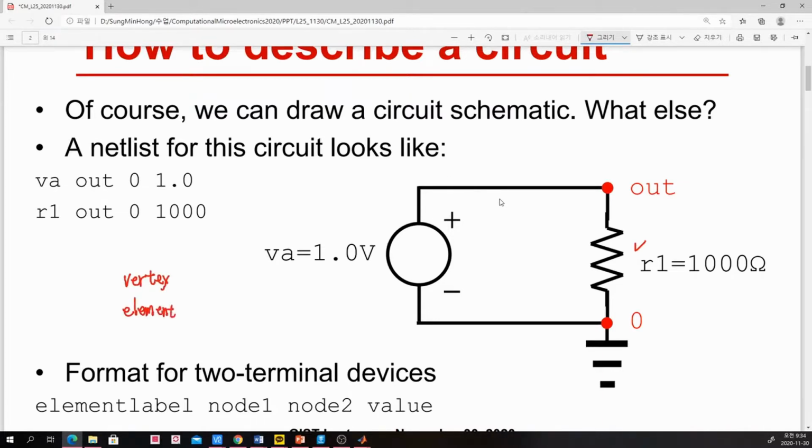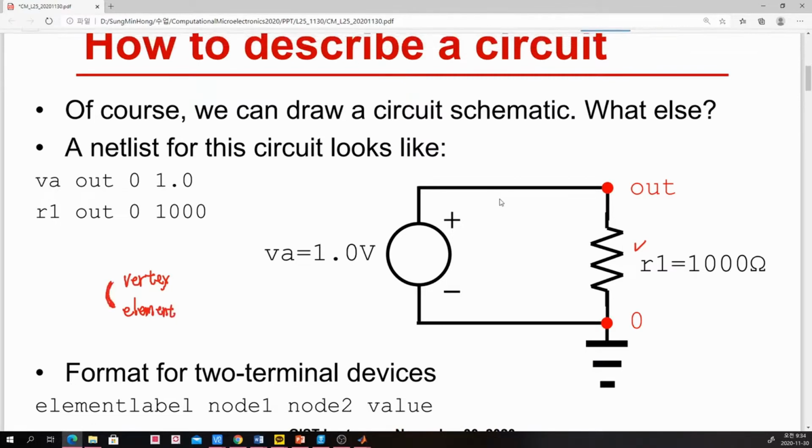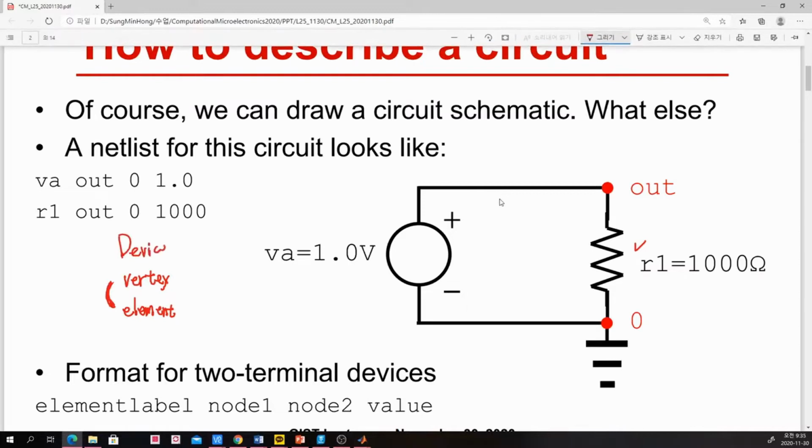I think that is quite a reasonable way to describe our system. Just like this is for a device, then we need one way to describe a certain circuit. How can we describe our circuit?